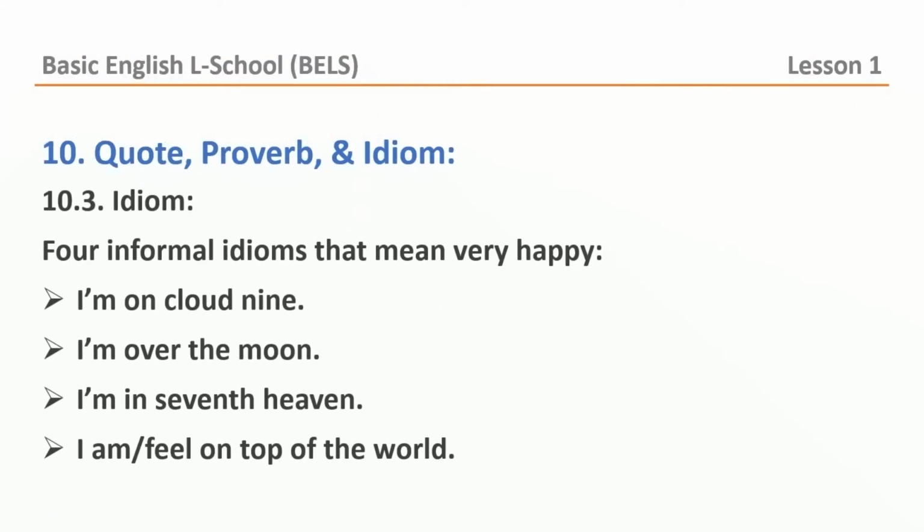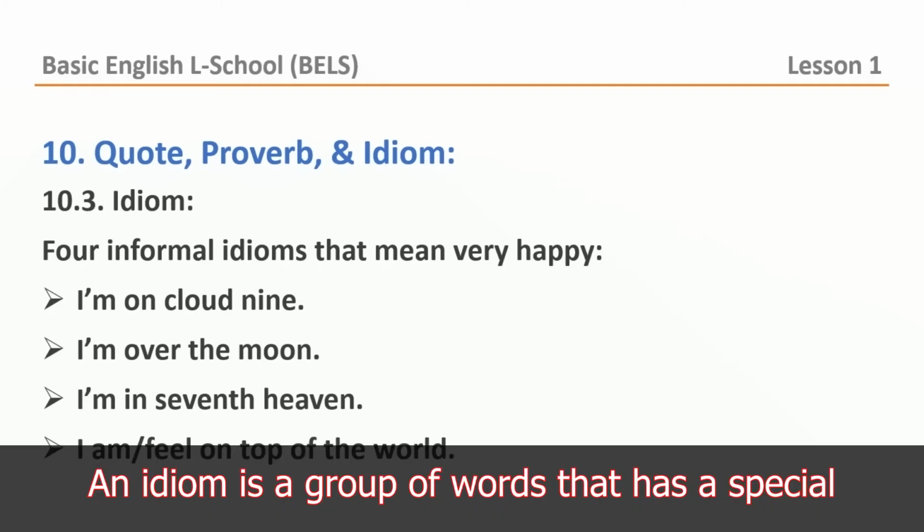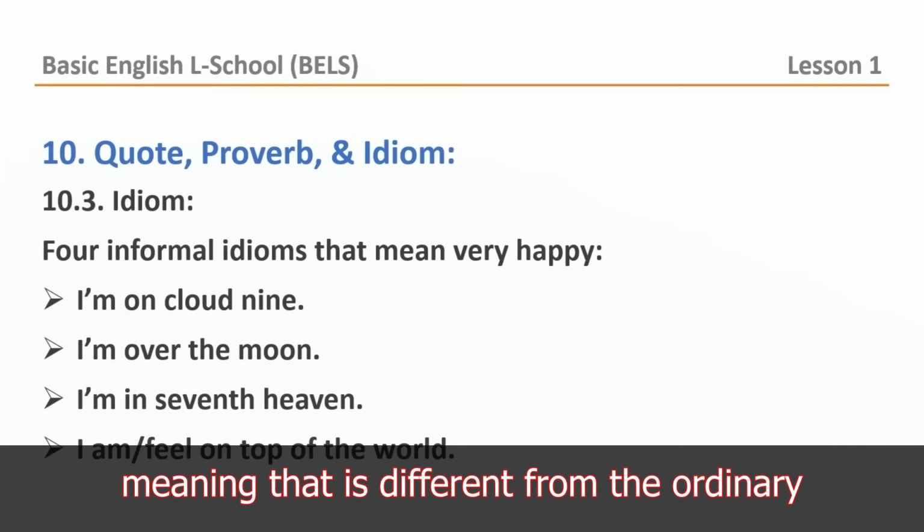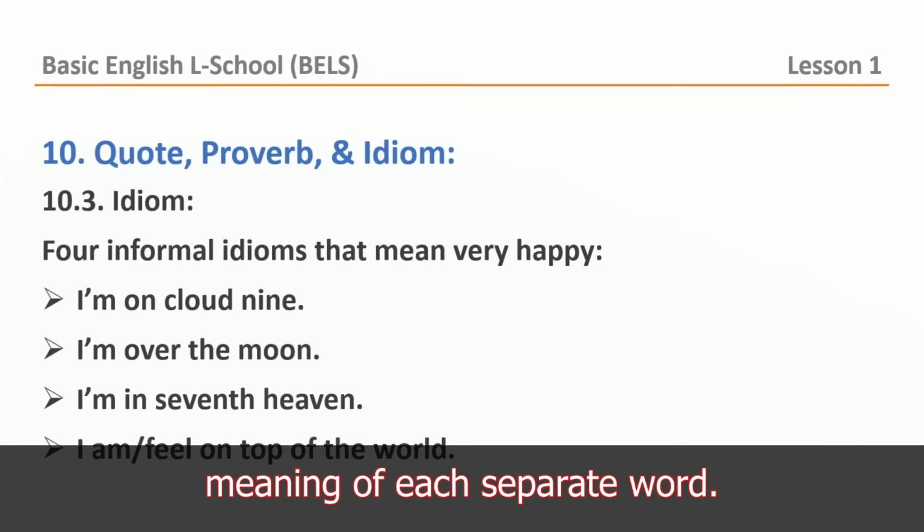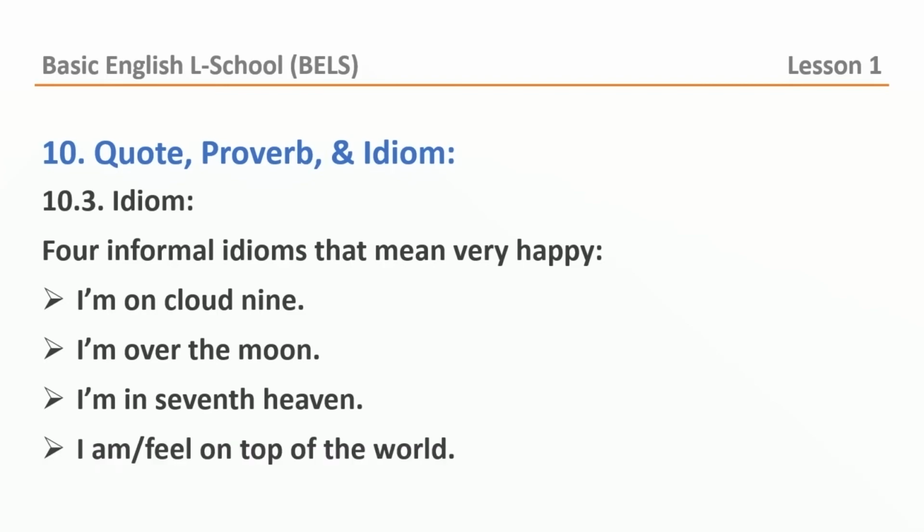Section 3. Idiom. An idiom is a group of words that has a special meaning that is different from the ordinary meaning of each separate word. 4 informal idioms that mean very happy. I'm on cloud 9. I'm over the moon.